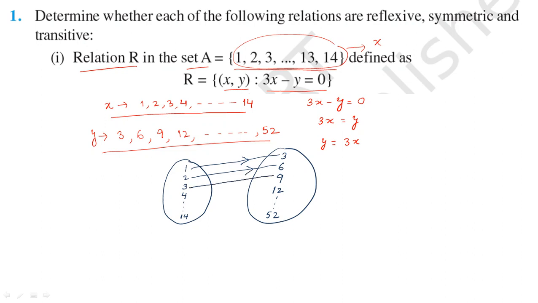When I insert 3, answer is equal to 9. When I insert 4, answer is equal to 12. When I insert 14, answer is equal to 42. These are the values. Now, what about these relations? If I am talking about reflexive, symmetric and transitive, what about these relations?